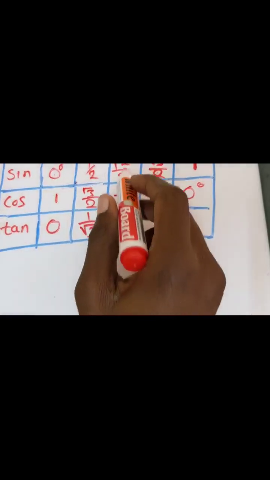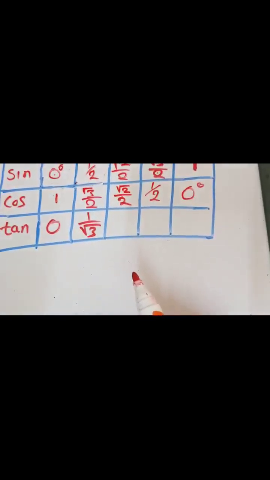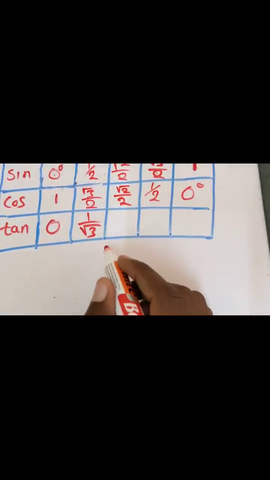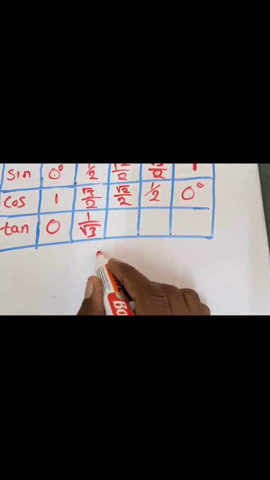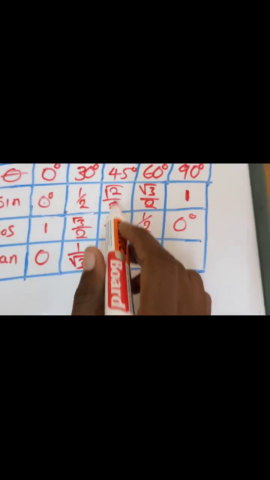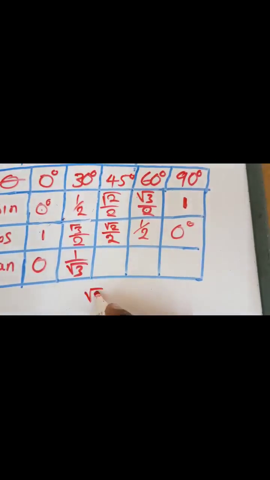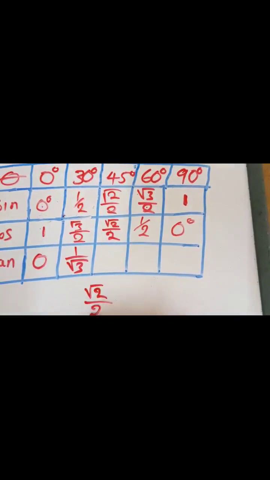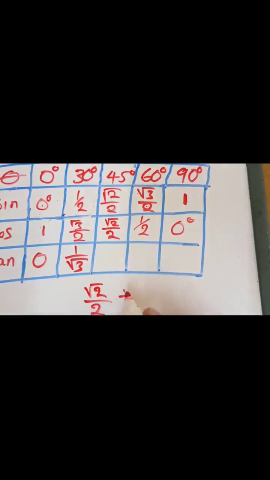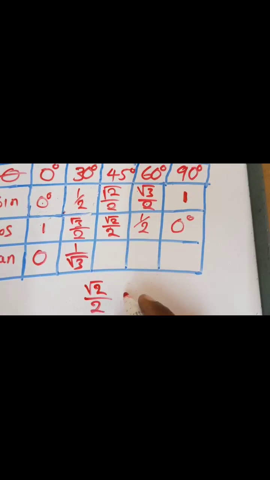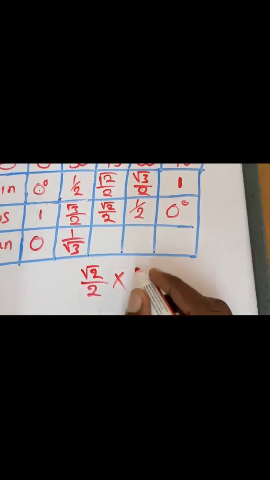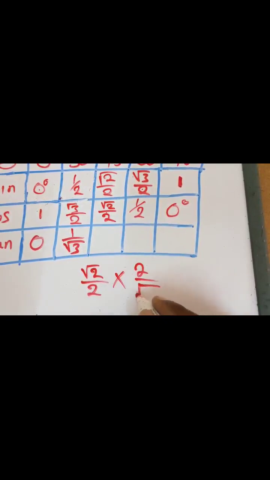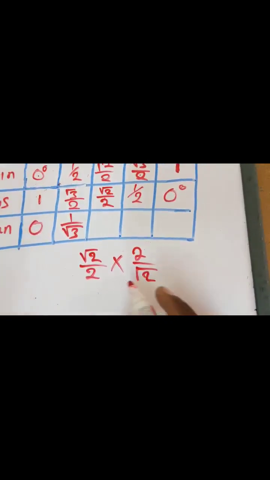So we're trying to find tan 45. It's going to be root of 2 over 2 divided by root of 2 over 2, so it's going to be multiplication here, with 2 over root 2. This one goes, that one goes.